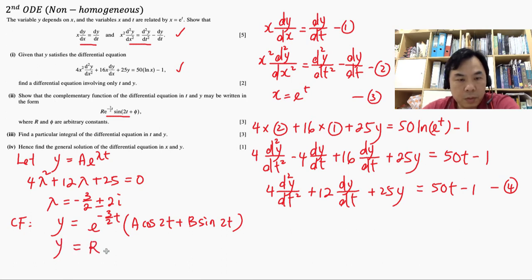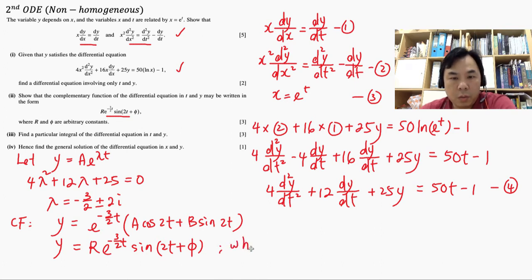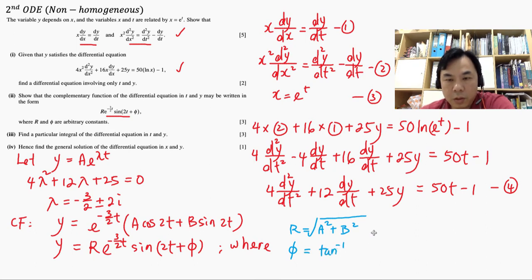So we can actually write this as r e to the negative 3 over 2 t sine of (2t plus phi), where the magnitude r is given by the square root of a squared plus b squared, and phi would be the tangent inverse of, let me see if I got it right, sine over cosine. So the cosine should be equal to a over b.